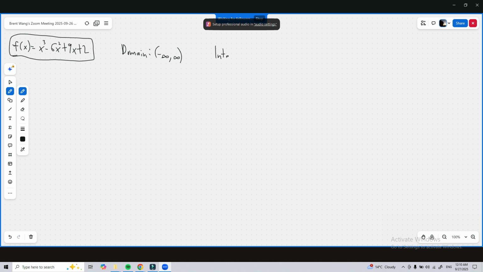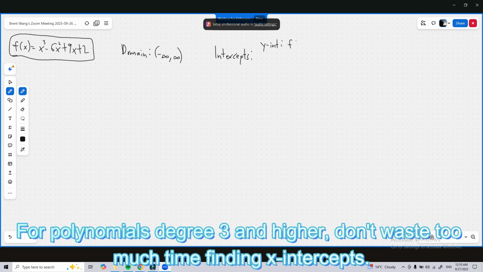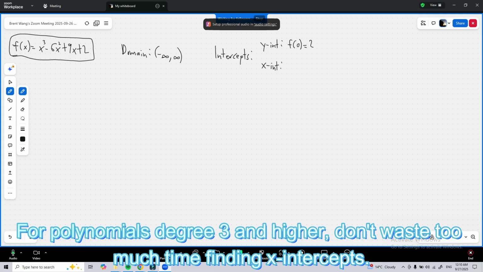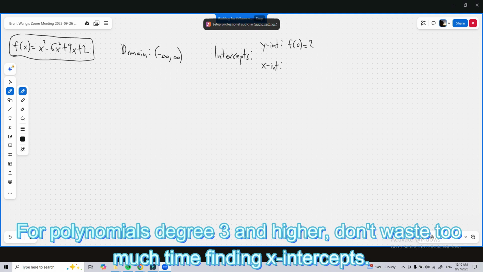Intercepts. The y-intercept, just plug in x equals 0, so f of 0 will just equal 2. The x-intercept, I'm going to just tell you, for polynomials of degree 3 or higher, don't waste your time too much looking for x-intercepts, because it's really not going to be necessary.